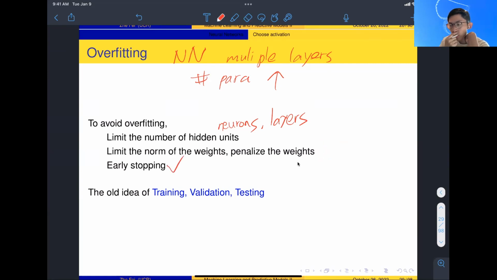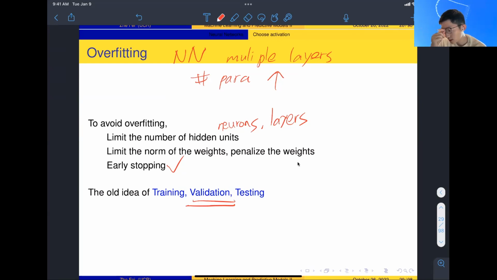And a new idea that we haven't talked about is so-called early stopping. The idea of early stopping is that we may not want our model to be fully trained. Instead, we should stop the training at a desired point where, for example, further updating your model does not improve the performance on validation.